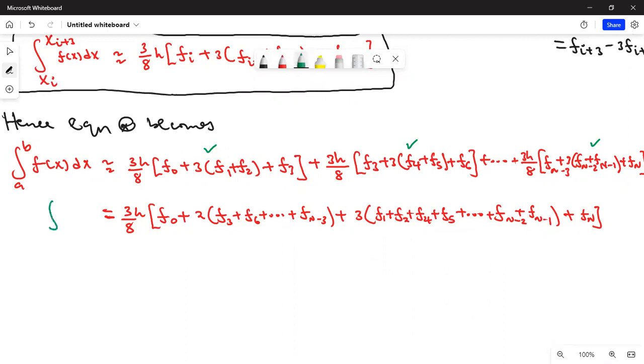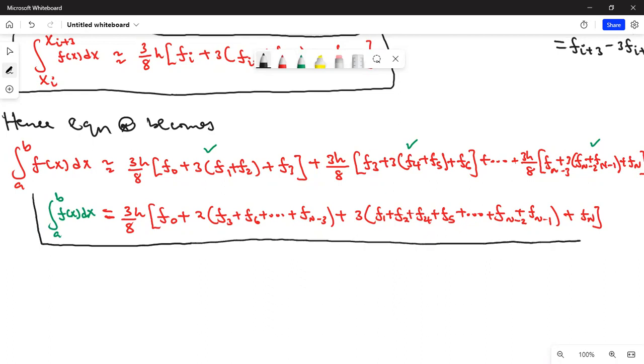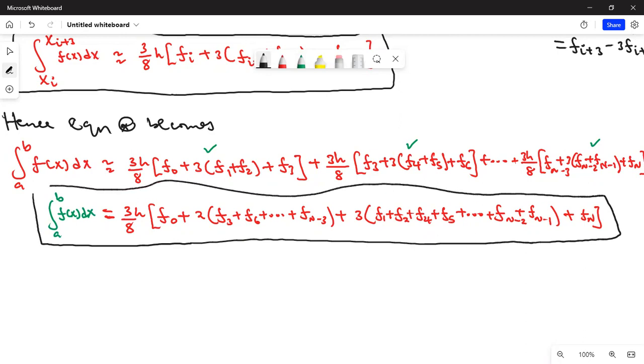So you can just say the integral from a to b of f of x dx, I can bracket it and comment that this is the Simpson's 3 over 8 rule. So in words, what does it mean?